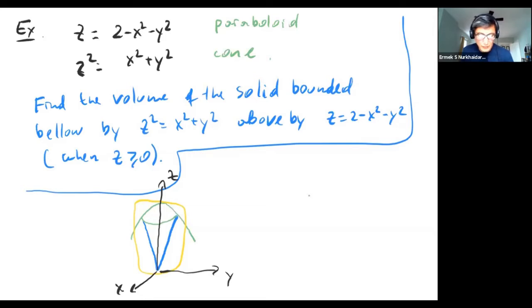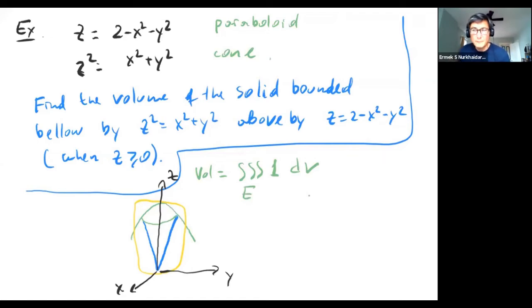Because we're concerned about the volume, the volume equals the triple integral of 1 dV over our solid. If you like, you can also write the volume as a triple integral of top minus bottom; it makes no difference.